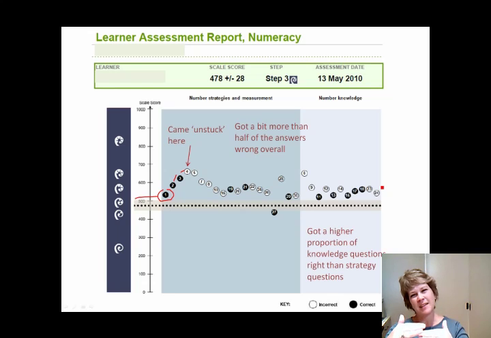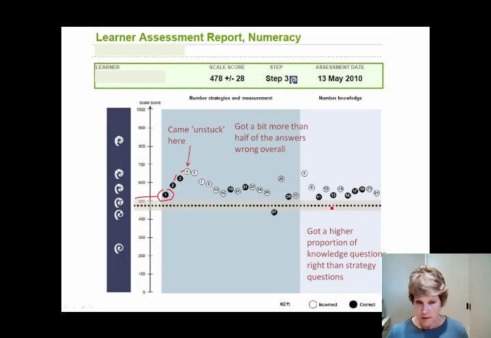In other words, in order to operate at step 4 of the number strategies, a learner really has to have most of the number knowledge in place up to step 4. So again, not unusual that you would get more black dots overall in number knowledge than you do in the number strategies side of the assessment.